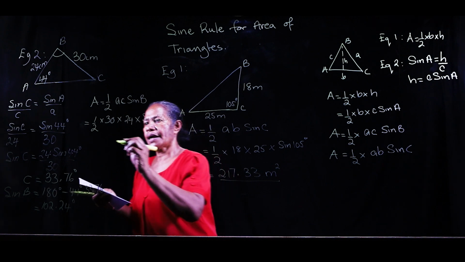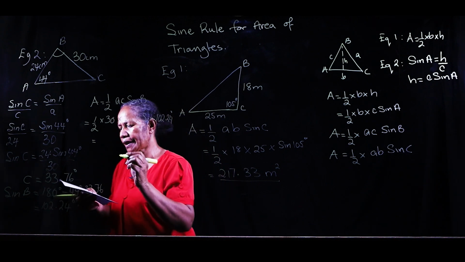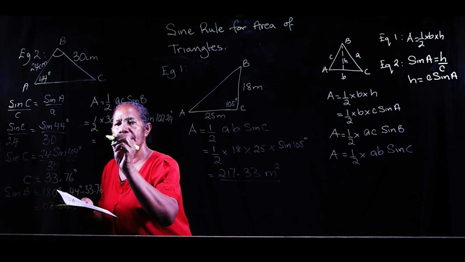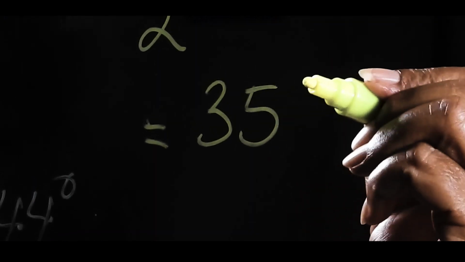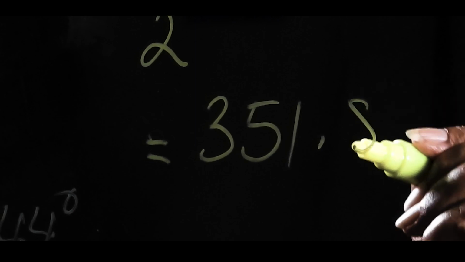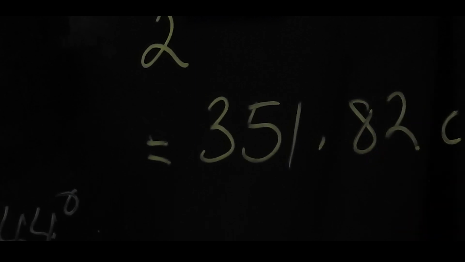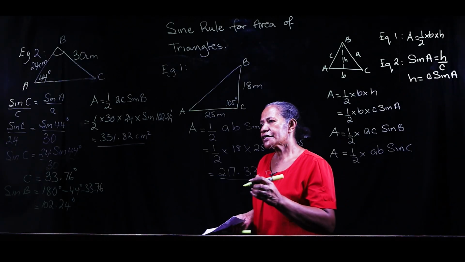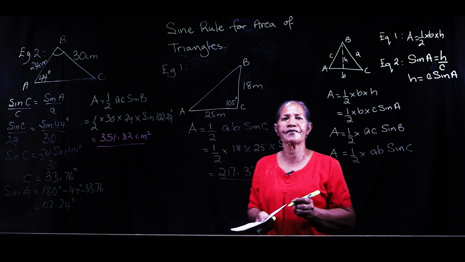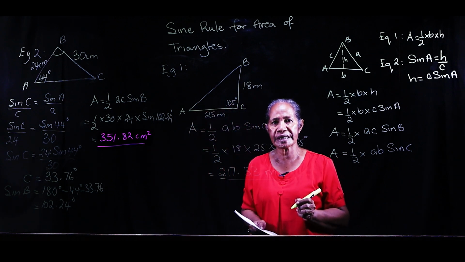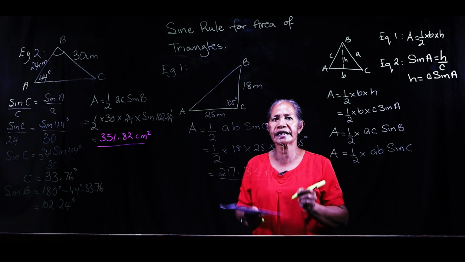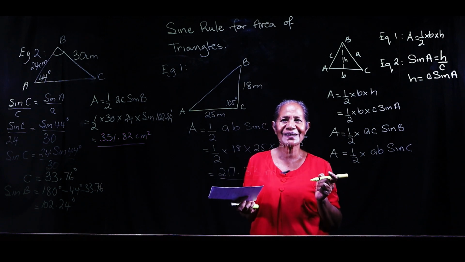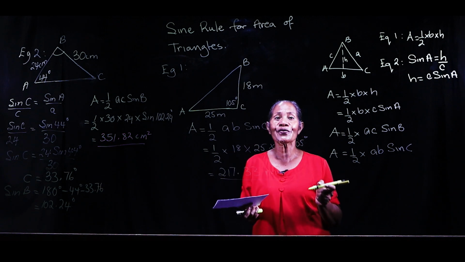And our answer will be 351.82 centimeters squared. So our final answer is 351.82 square centimeters. That has brought us to the end of our lesson today and the end of trigonometry.